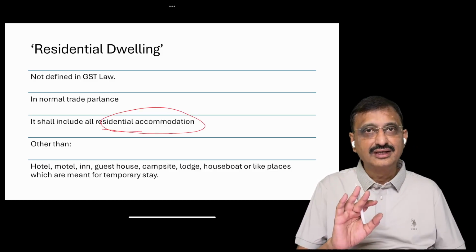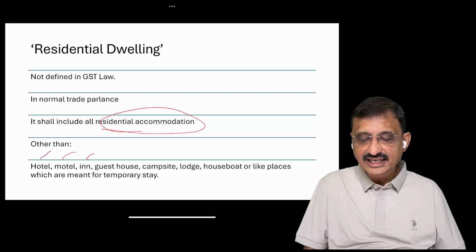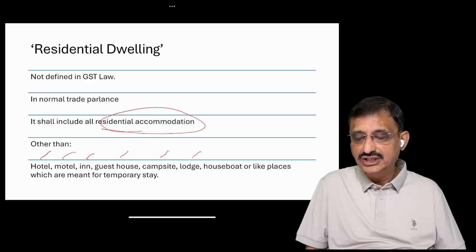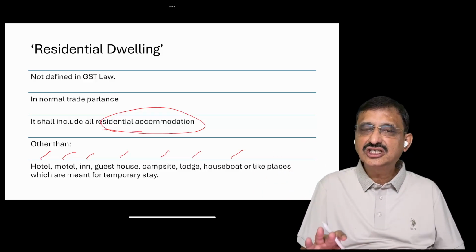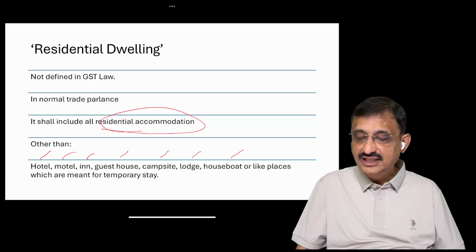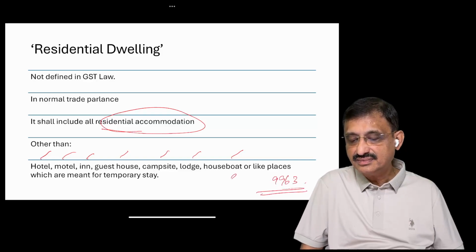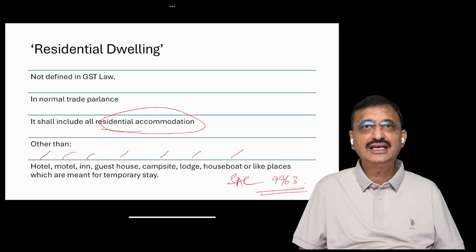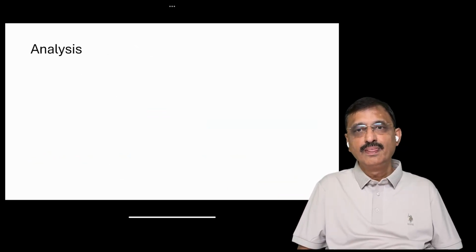However, it will not include hotel, motel, inn, guest house, campsite, lodge, houseboat, or similar type of places. These are not covered under 9972 classification. These are covered under 9963 classification. We will deal with that at a later point of our discussion.